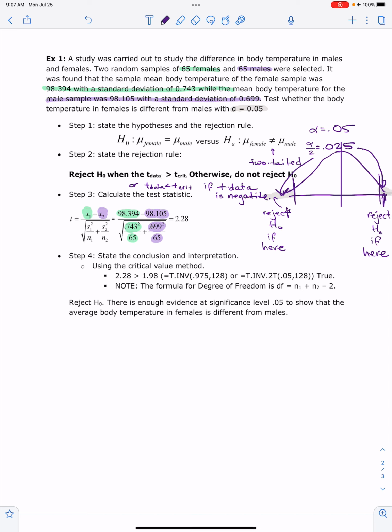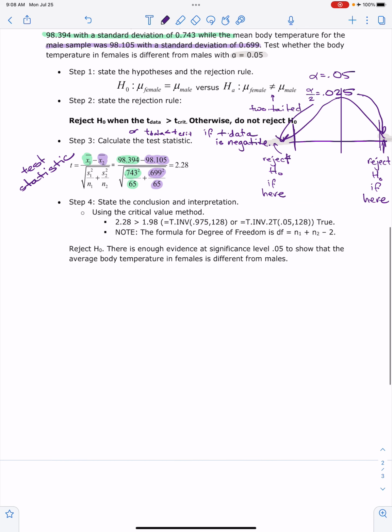And I think when I cranked this out, I found a test statistic of 2.28, which was positive, so I automatically just focused on the positive part. But we definitely want to acknowledge that we're going to reject if this lies in either of those regions.